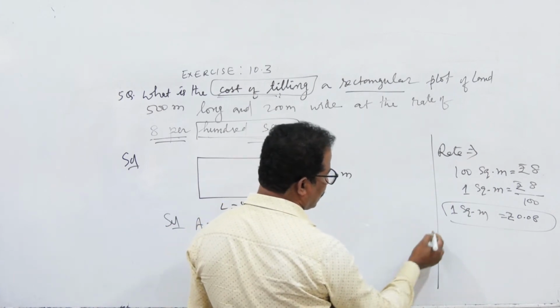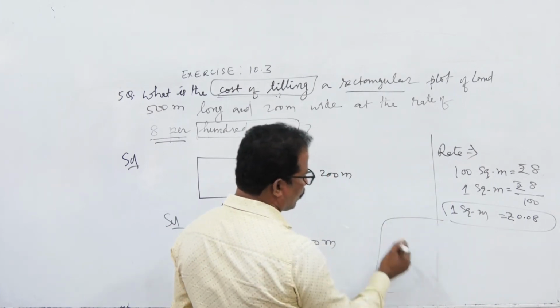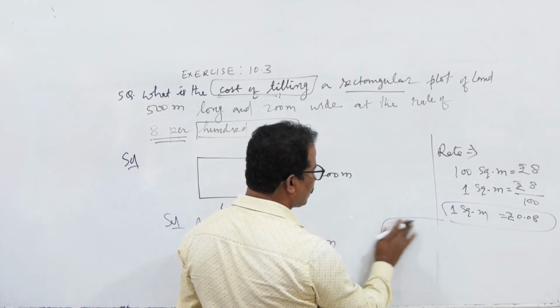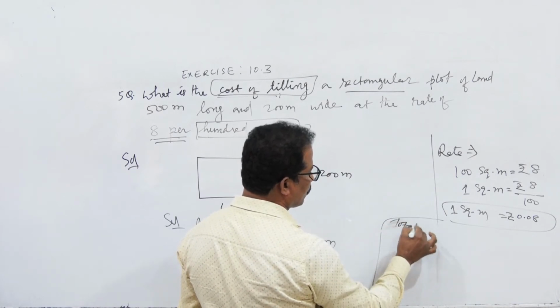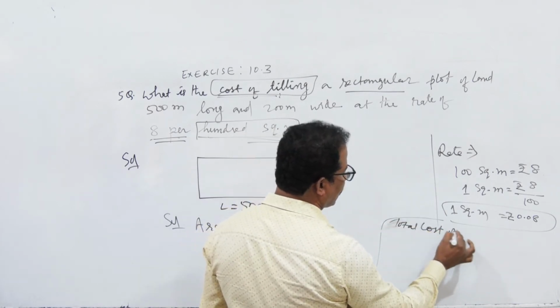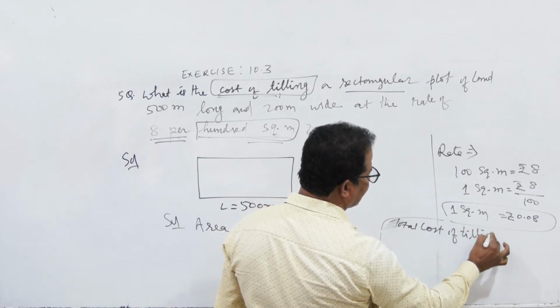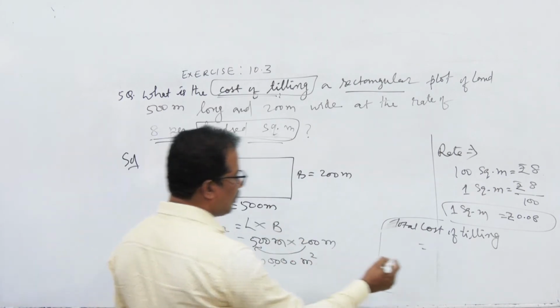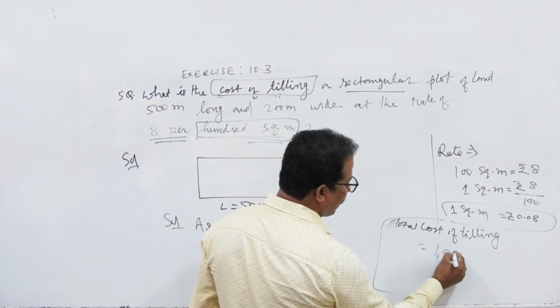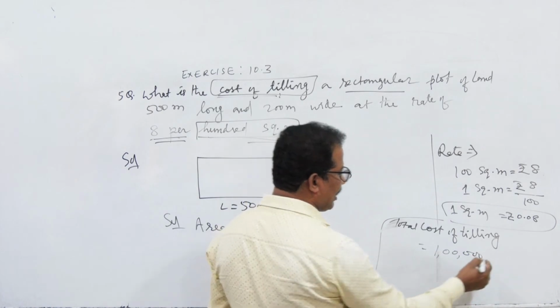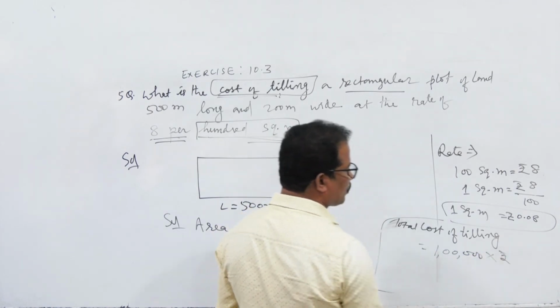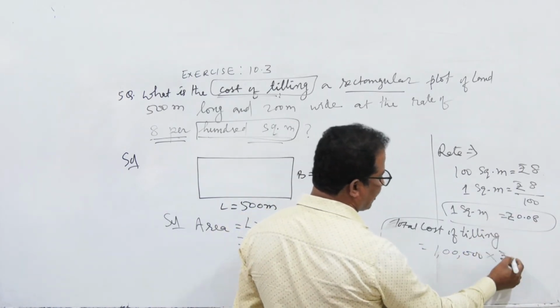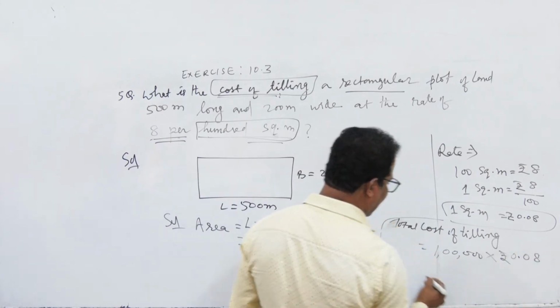So for that, total cost of tilling is equal to, what is the total area we got here? 1 lakh square meters. This much area is going to be multiplied with this rate, that is 0.08. Understand?